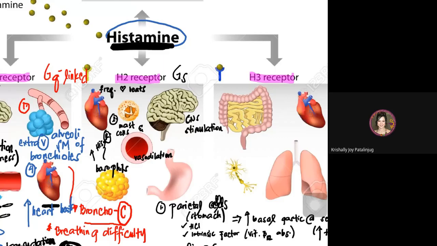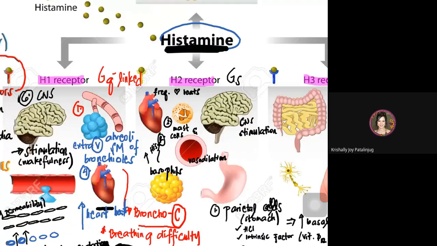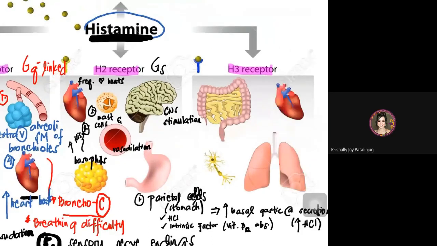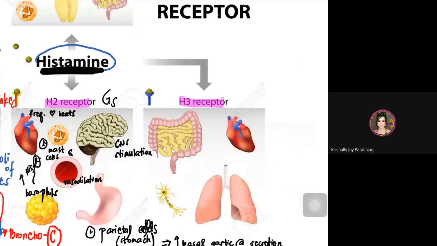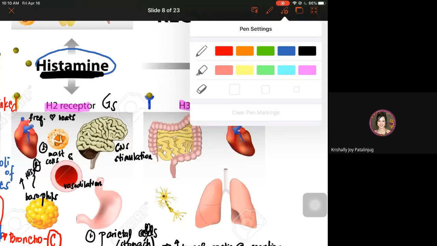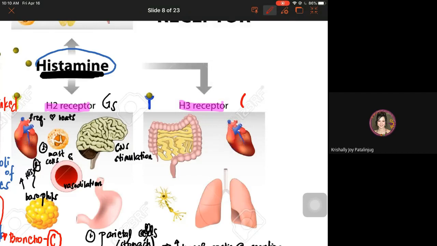So this is a Gi-linked receptor. Okay, histamine 3, even the histamine 4 receptor. These are Gi-linked receptors, including histamine 4.